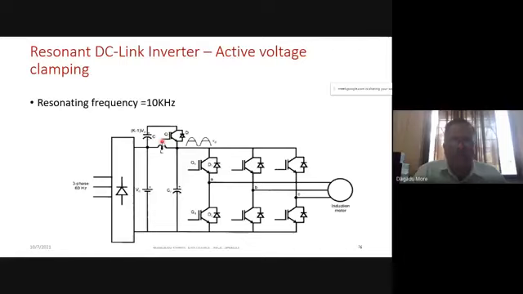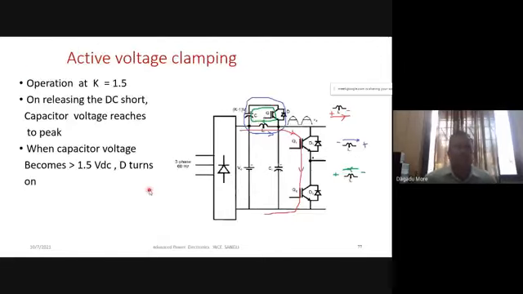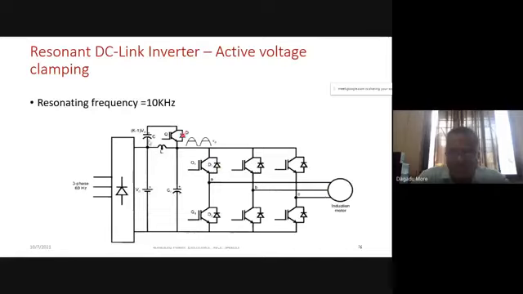With the help of this particular switch, it is possible to clamp the DC link voltage to 1.5 times its DC input. Now how does this circuit work? I have taken one leg, the same part of the circuit, for discussion.